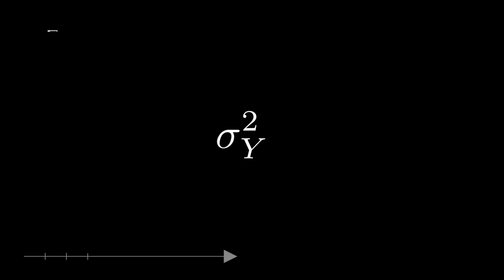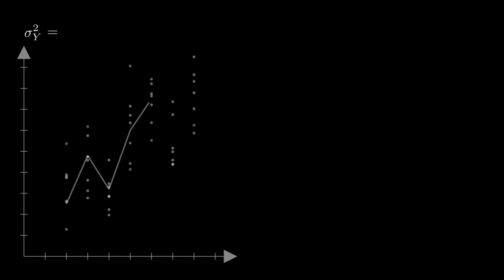To truly capture these curved nonlinear patterns, we need something better than rho. We need to understand the anatomy of chaos through variance decomposition. Think of the total chaos, the total variance of y. We can mathematically split this chaos into two distinct patterns.